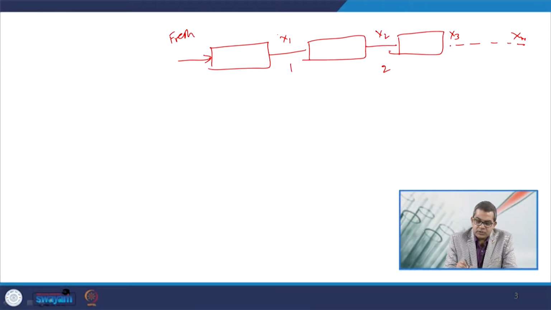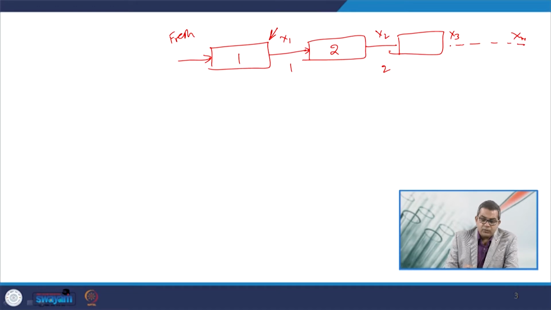If we see this particular figure, here we are supplying the fresh feed, and if you carry out the outlet analysis, you will find some unreacted reactants and some product that becomes the inlet stream of the second reactor, and subsequently it goes on.